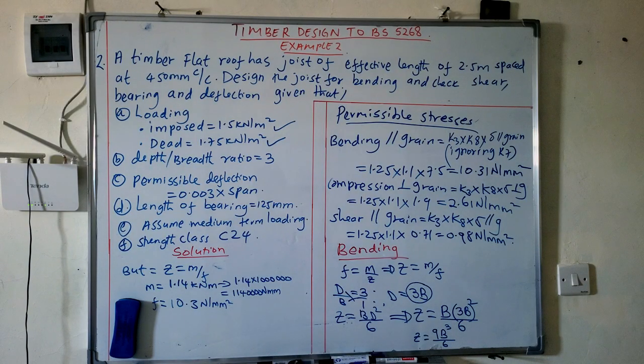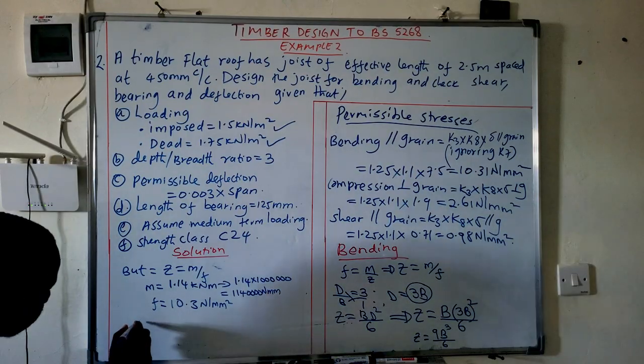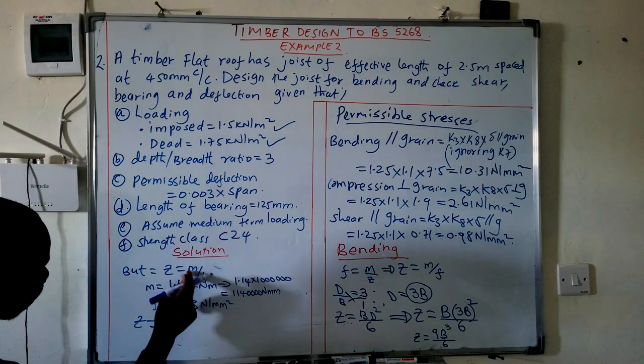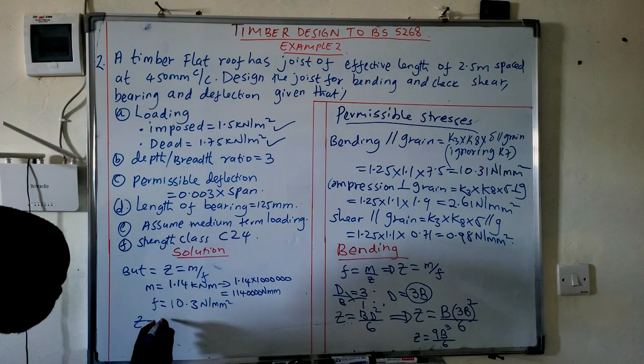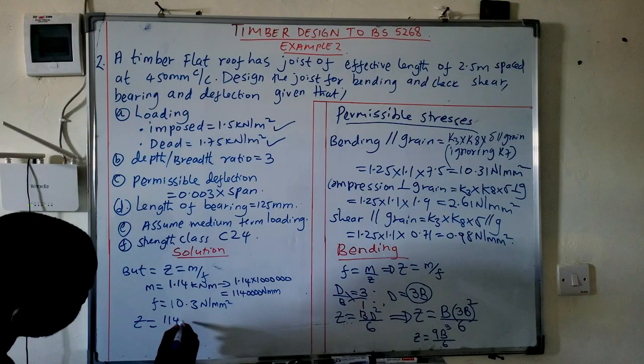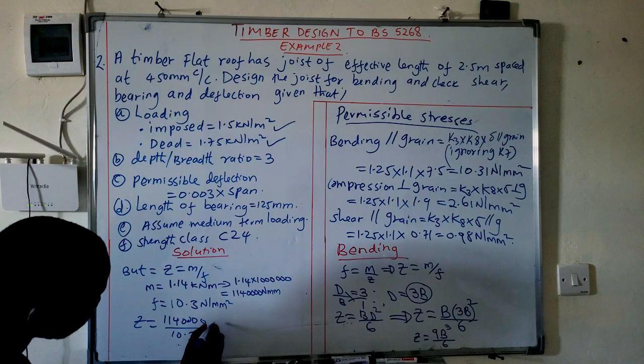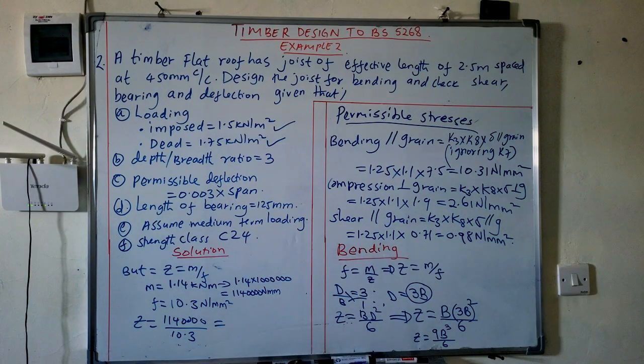So Z is equal to M, this value, over this, 10.3. So let me see the final answer.